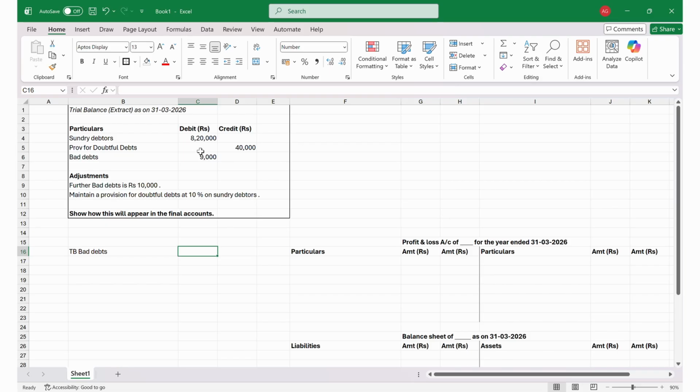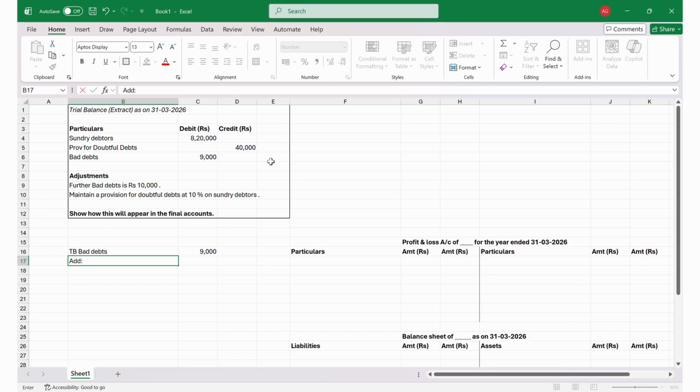Whatever is given in the trial balance, 9,000 rupees, write that number first. Then you add the further bad debts amount. We have 10,000, the bad debts given in the adjustment, which is to be added along with the trial balance bad debts.